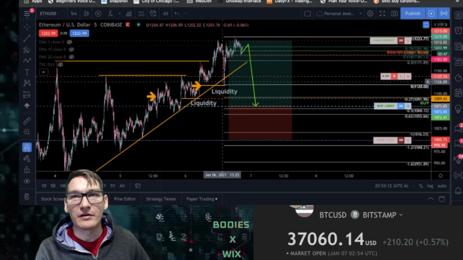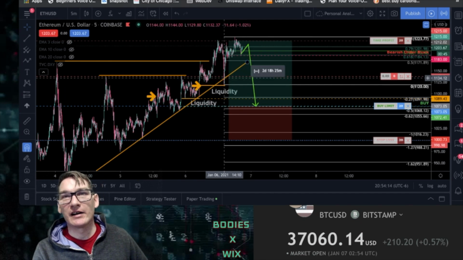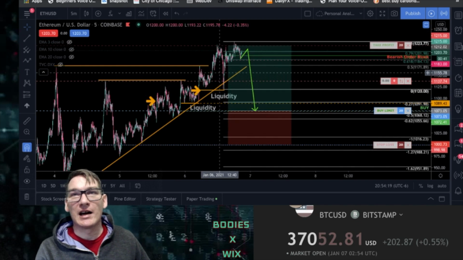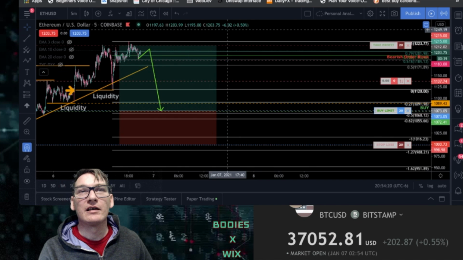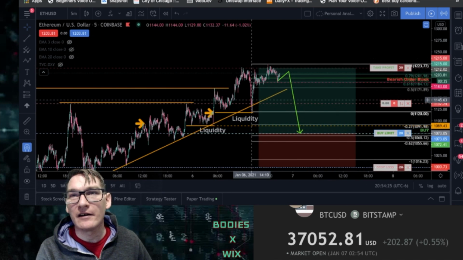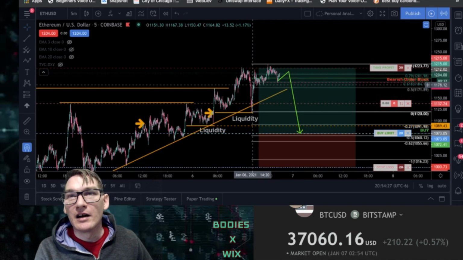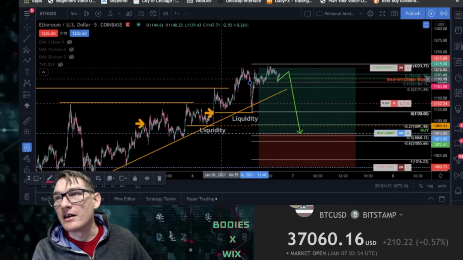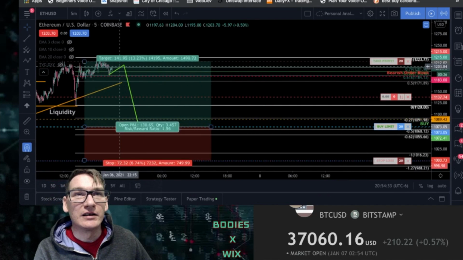They may have had a short stop loss at it. They got knocked out of their trade, whatever. What I thought was going to happen, whenever I started looking at this before it came back up, because this is just after it had dropped down, I thought it was probably going to come back to this area here, which was around 1183, right?